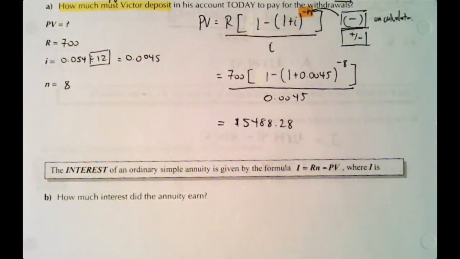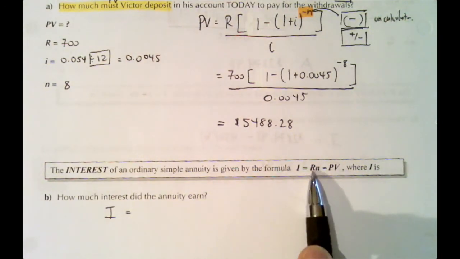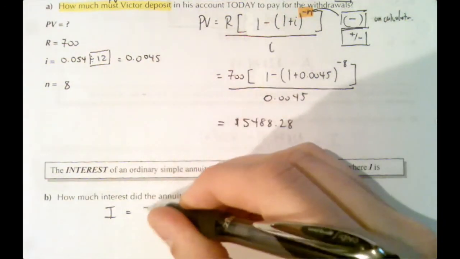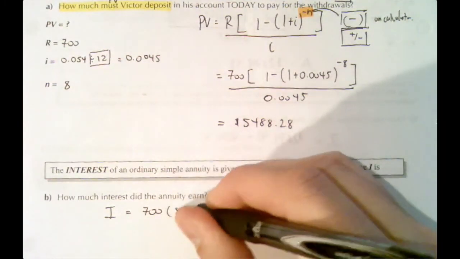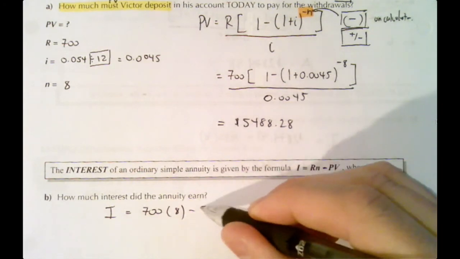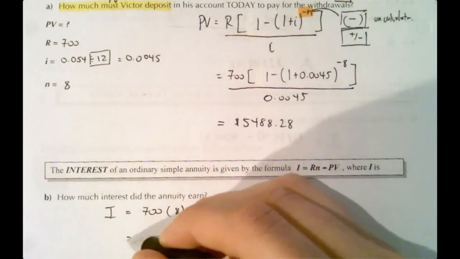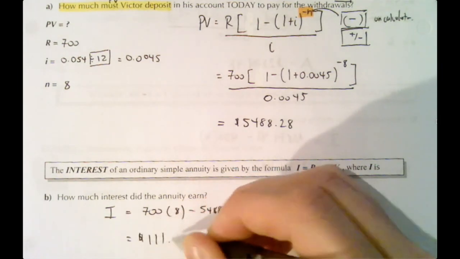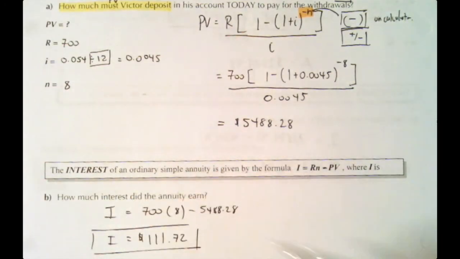The way you can figure it out is you can take how much money Victor paid himself, $700, times how many times he paid himself, that's 8, and subtract how much Victor put in the bank. And if we do that, we get $111.72, which is how much interest Victor earned by planning.